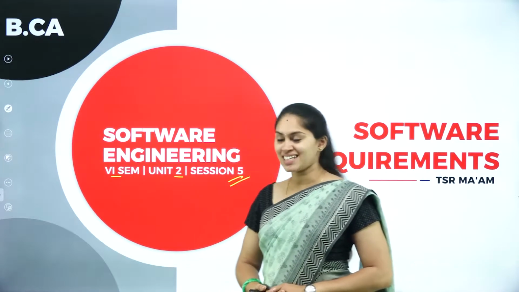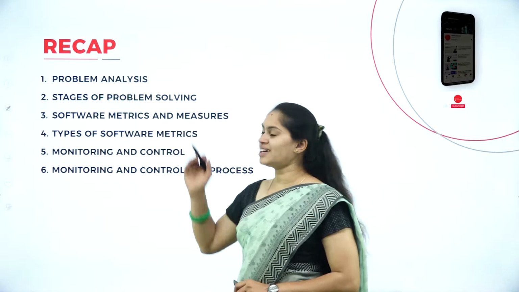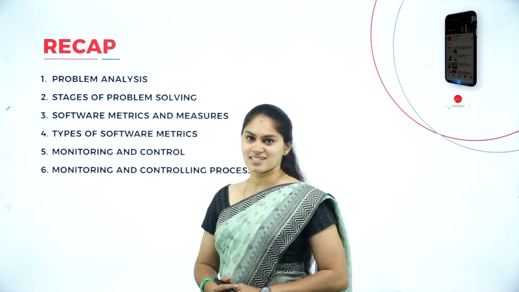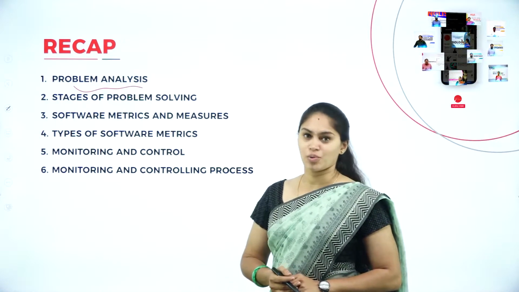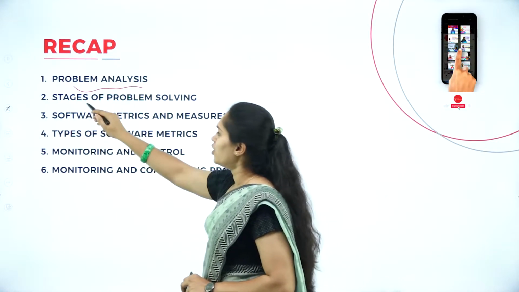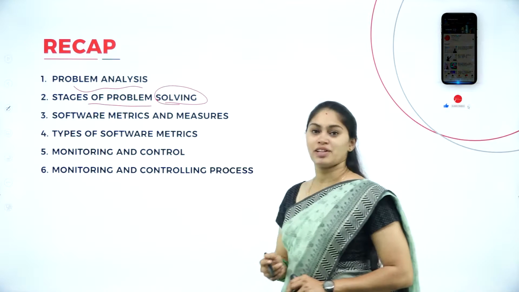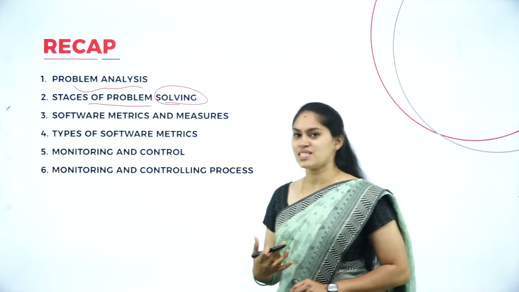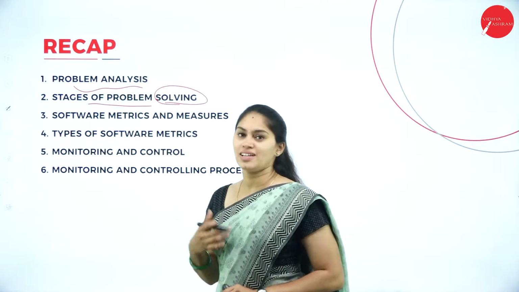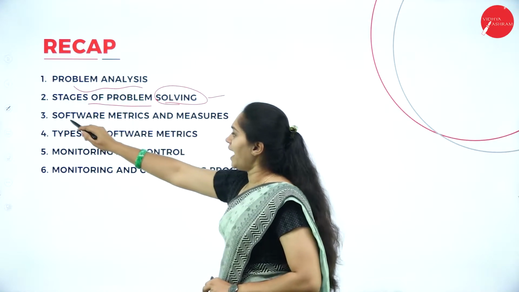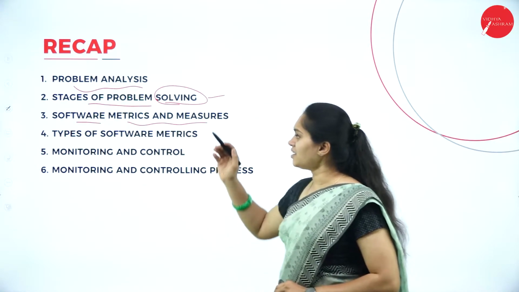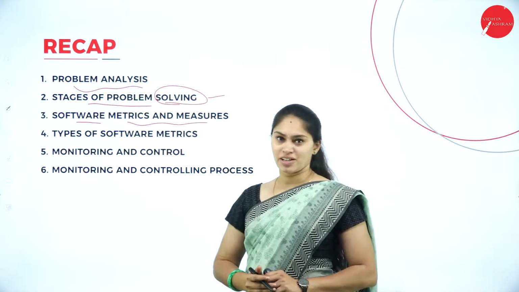So as we all discussed in the previous session, we have learned regarding the problem analysis. We got to know why analysis of the problem is required, and I also discussed what the stages are with respect to problem solving. When we analyze the problem, then that needs to be solved. Then what are the stages we have? That is what I discussed in my previous session. Along with that, we got to know what software metrics as well as measures are.